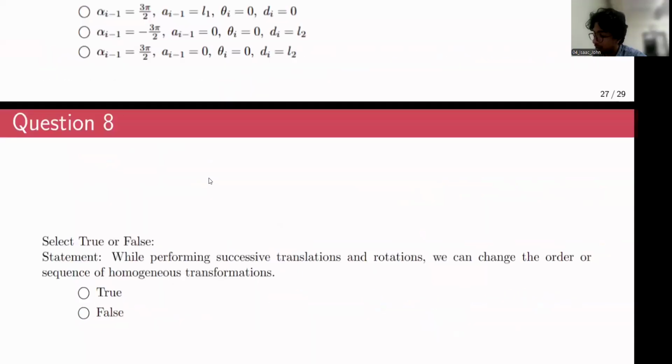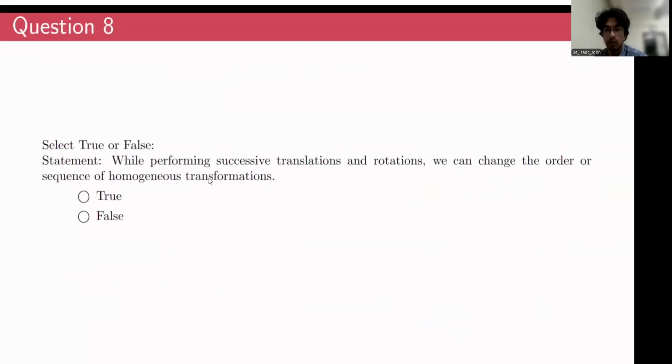Now we move on to the final question. It's a true or false question. While performing the successive translations and rotations, we can change the order or sequence of the homogeneous transformation. Is it true or false? That is obviously false.